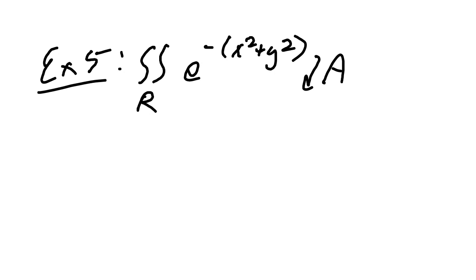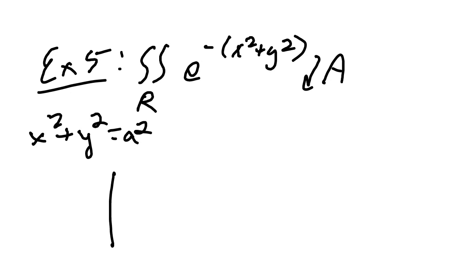In this case, region R is in the first quadrant, bounded by the circle x squared plus y squared equals a squared. So that's a circle, right? And the coordinate axes. Okay, so we're in the first quadrant.